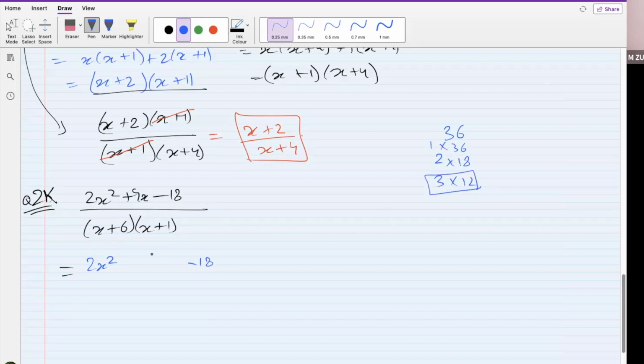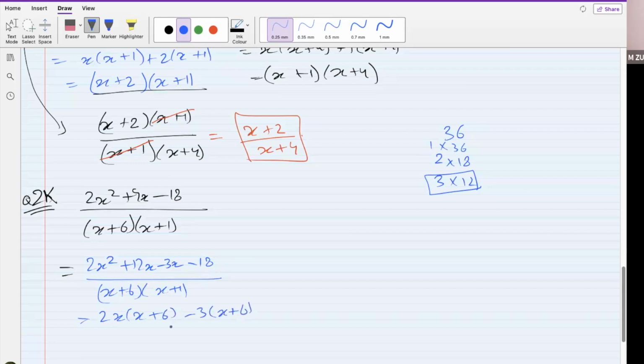So 3 into 12 will serve our purpose, plus 12x minus 3x, over x plus 6 and x plus 1. So first 2x is common, that is x plus 6. Minus 3 is common, x plus 6 again.